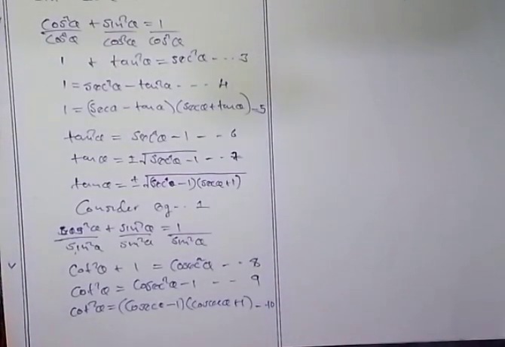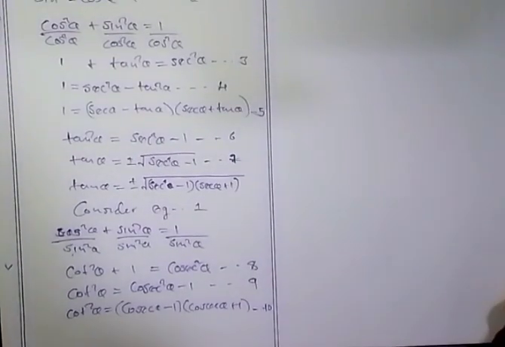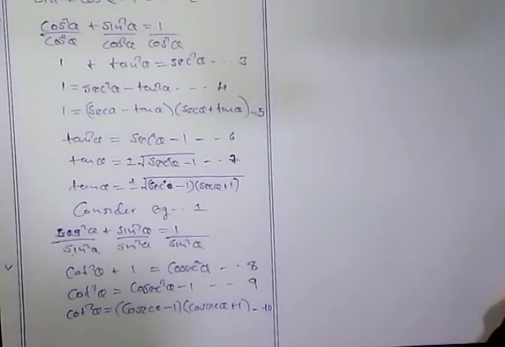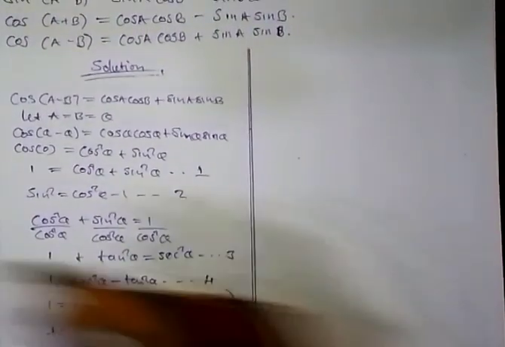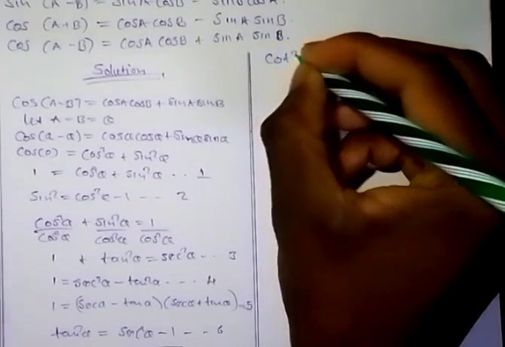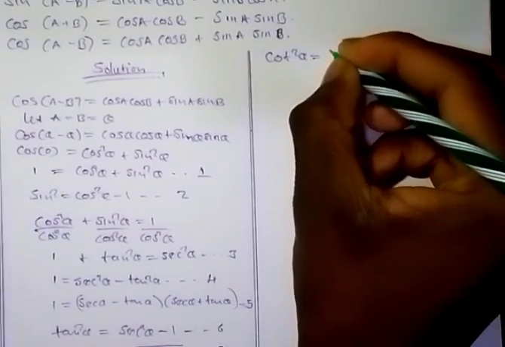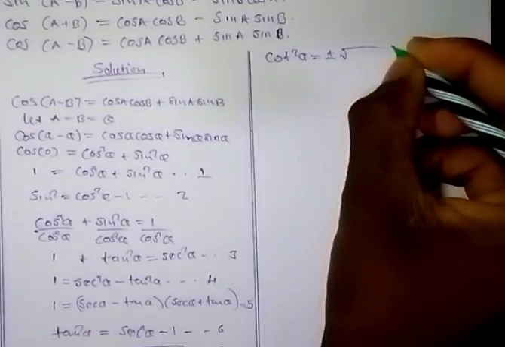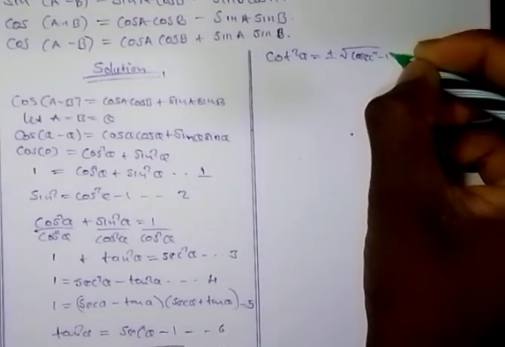Equation number 10. Then we see that from equation number 9, we can square both sides, and then we can have something like the one we had here. Okay, so we reconsider cot square theta to be equal to plus or minus cosec square minus 1.